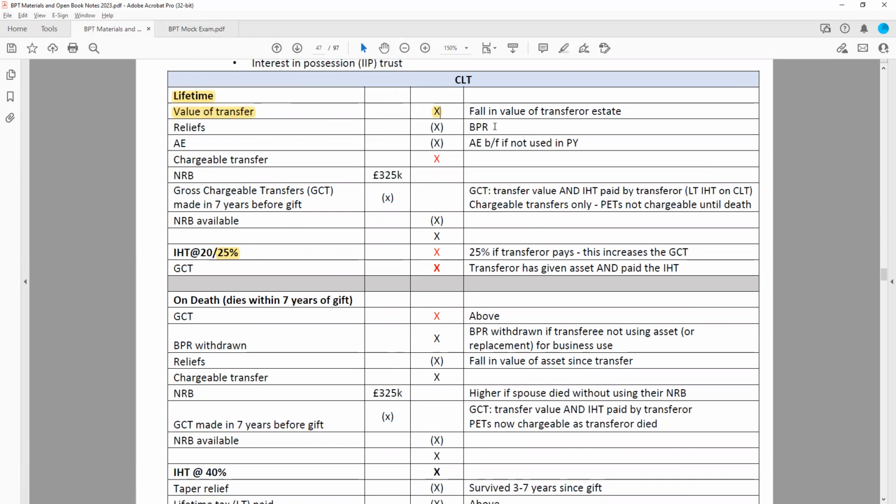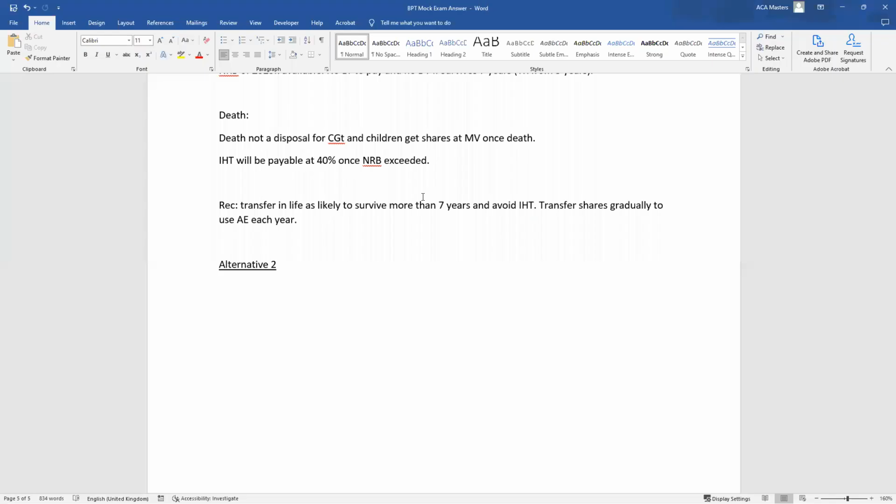So you'd have the value of the transfer, no reliefs available, annual exemptions, the nil rate band, but we know it's going to be subject to IHT at 25%. You could even do them both together. I guess technically they are two separate transfers.